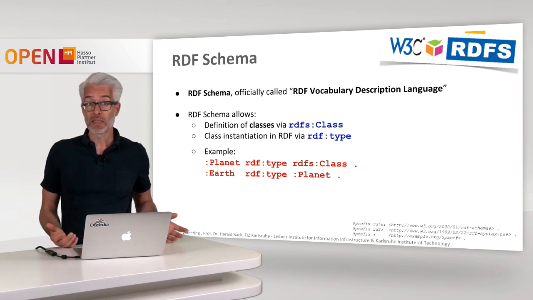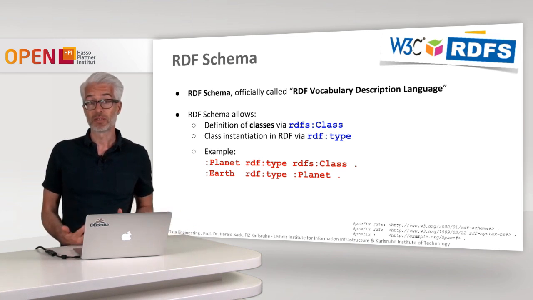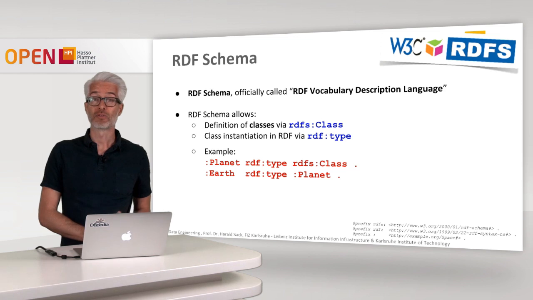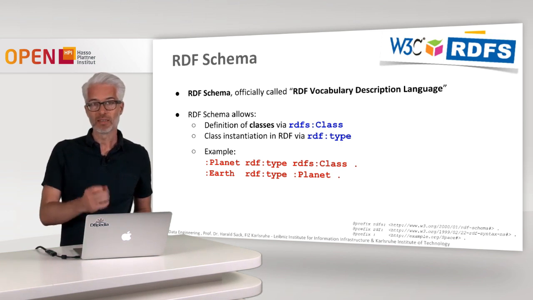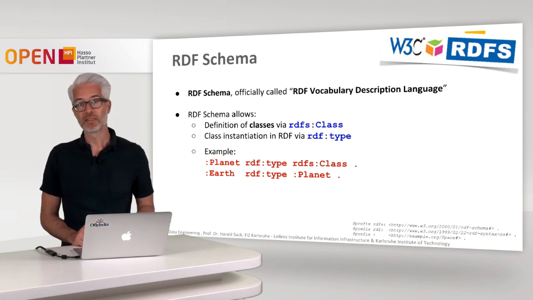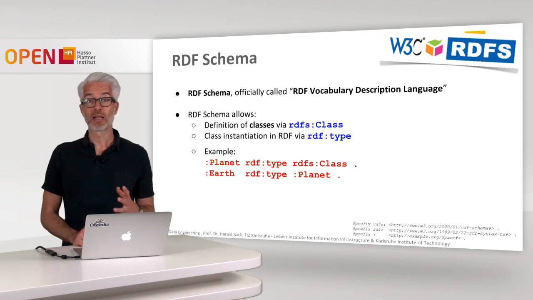What do we need in RDF? We need classes and we need properties to say something about something. So we must be able to define a class. So for the definition of classes, we can do this with a vocabulary expression RDFS class, and then as you see here in red, we define the planet to be of type RDFS class, which means planet here then is of type class.